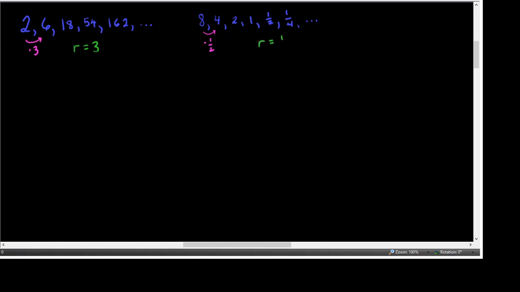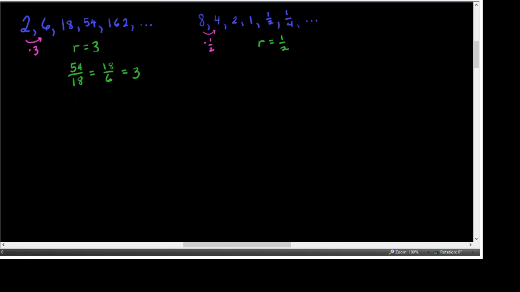And just a word about how it became a common ratio. Take any pair of numbers that are adjacent to each other in this sequence and take the one that's after and divide it by the one that's before. And it doesn't matter which pair you pick, you'll always get the common ratio. So for the first sequence, doing those division problems gave me 3 no matter what.